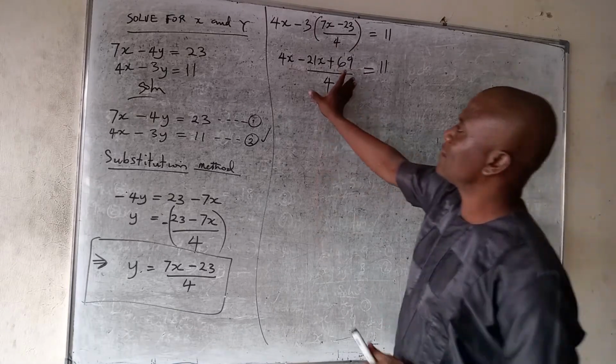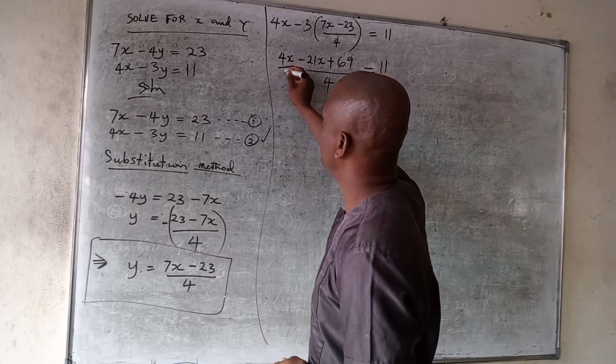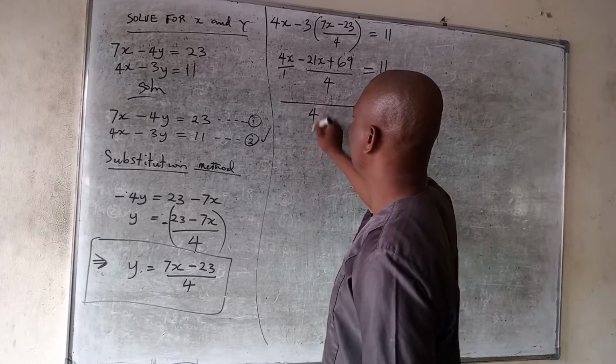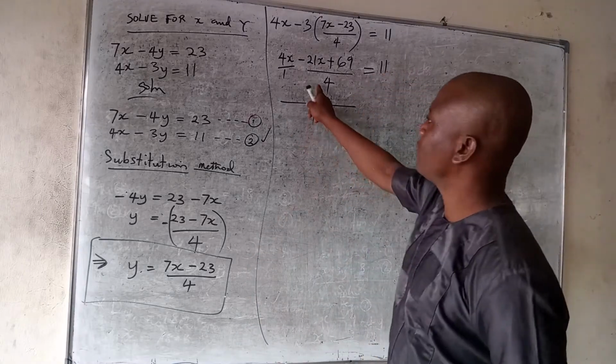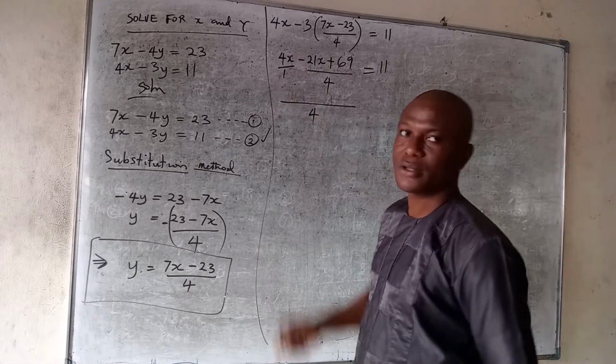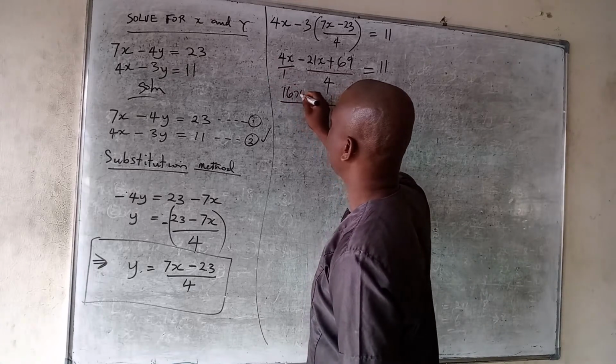If you look at this once more, you can take the LCM. This is actually 4x over 1. You can take the LCM, which is 4, to further solve this. So if 4 goes into this, it becomes 4. 4 times 4x is 16x.